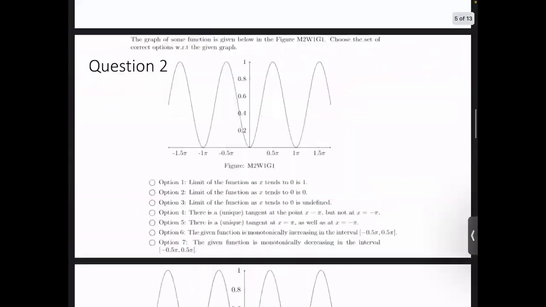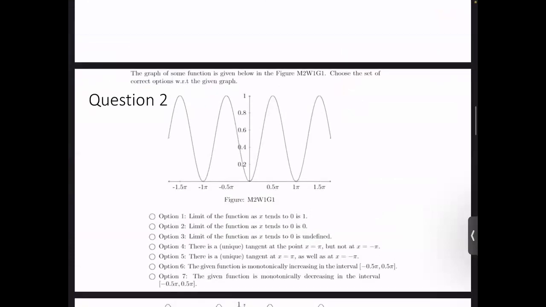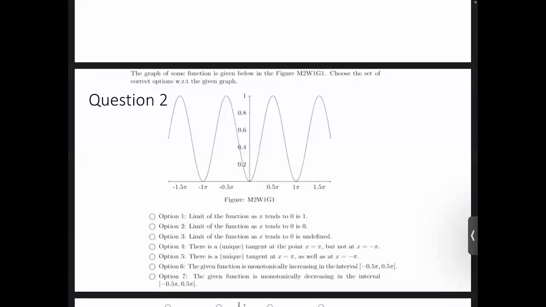Now answer this question, like question 2. The screen is visible now.